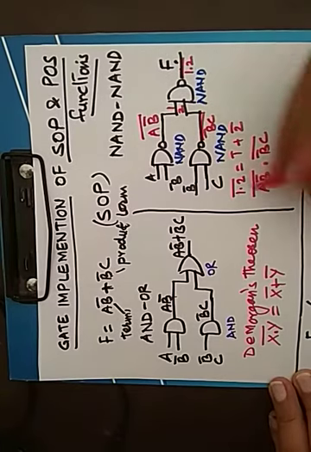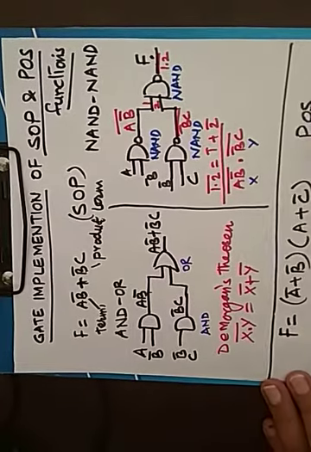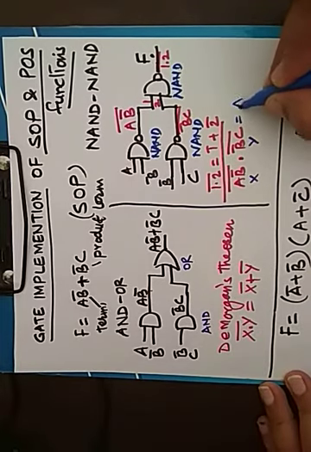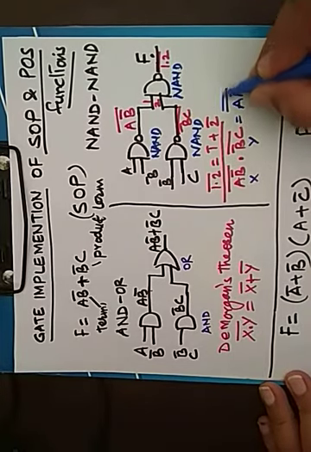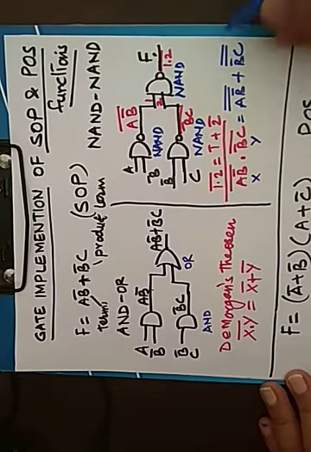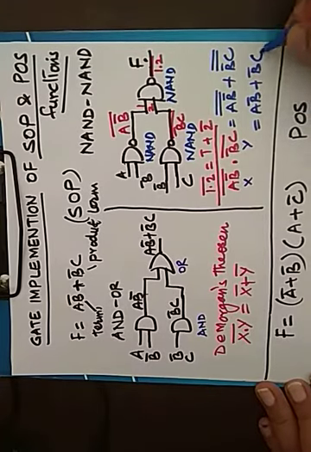So the output F is this dot this, the whole bar. If you consider this as X and this as Y, this will convert to X bar plus Y bar. So this will give you A, B bar double bar plus B bar C double bar. Remove the double bars, and you get A, B bar plus B bar C.